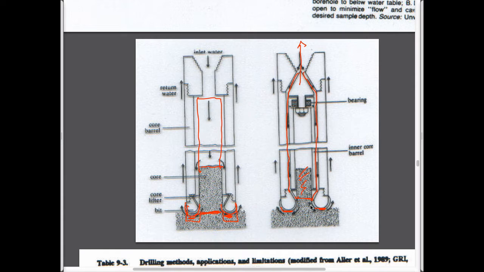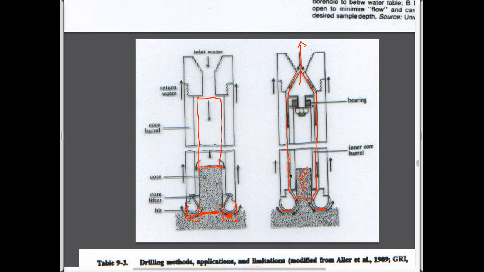And so while you're taking the core out of the second core barrel that's on the top, you can start drilling again. These come in a variety of different flavors. They're single or double or triple barrel core barrels. So this is a single barrel core barrel. You have to take the whole assembly out to get it up to the surface.